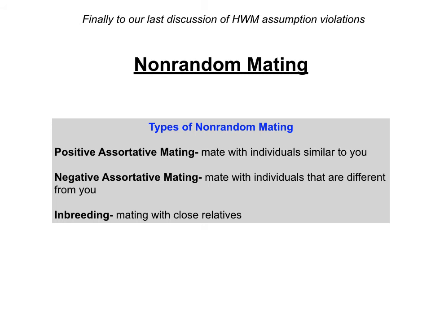Another type of non-random mating that we talk about a lot in evolution, but also in genetics, is inbreeding. Inbreeding is when you mate with a close relative, or semi-close relative. Inbreeding is what we're going to talk about mostly.